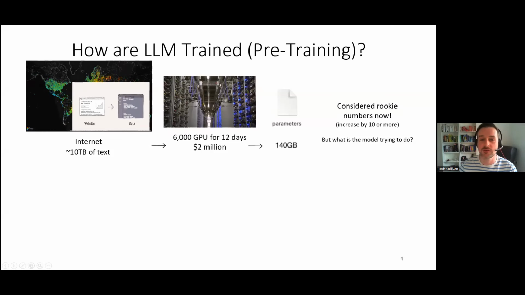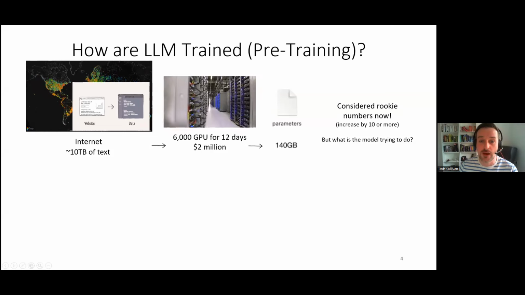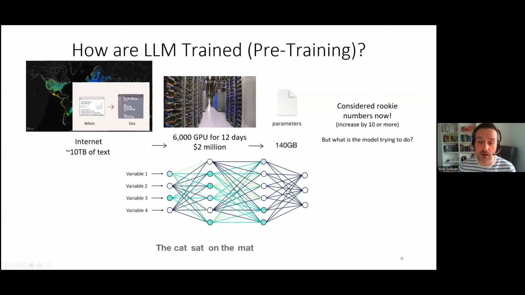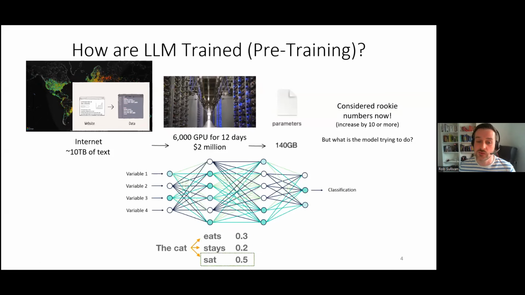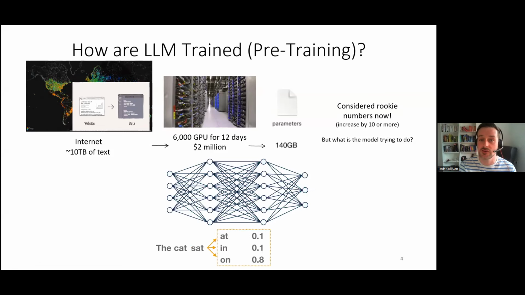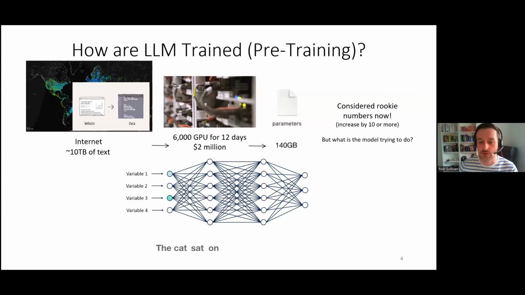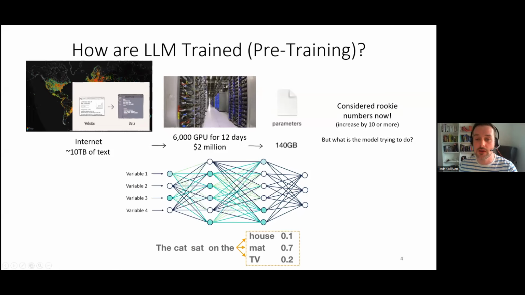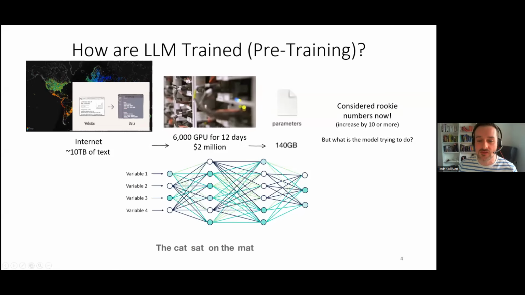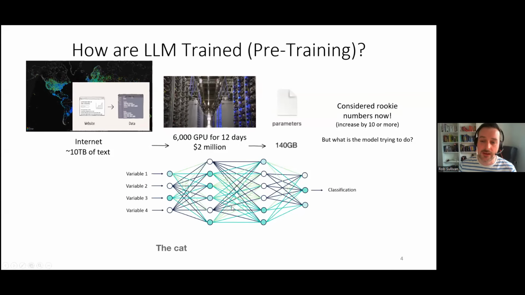But what are these models trying to do? Well, here's an example of a neural network. And what it's trying to do is predict the next word in a sentence. And so on the left, we have, if you can picture the text encoded and passing through the model. And on the right, we have a classification, a probability of what word will come next. And in the middle, we have this hidden layer.